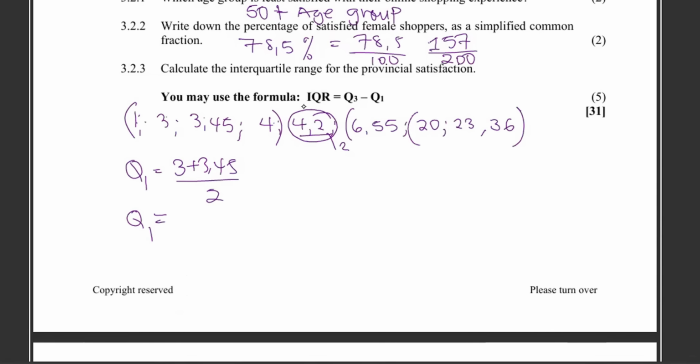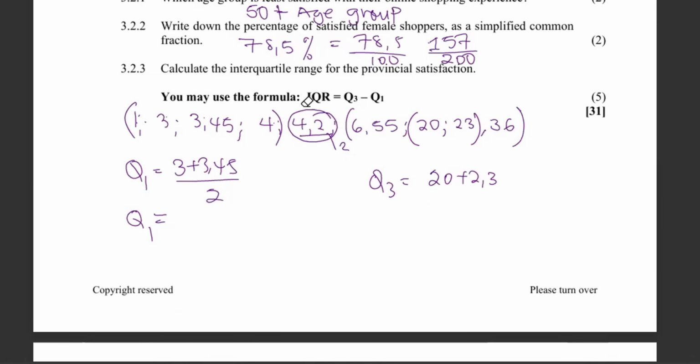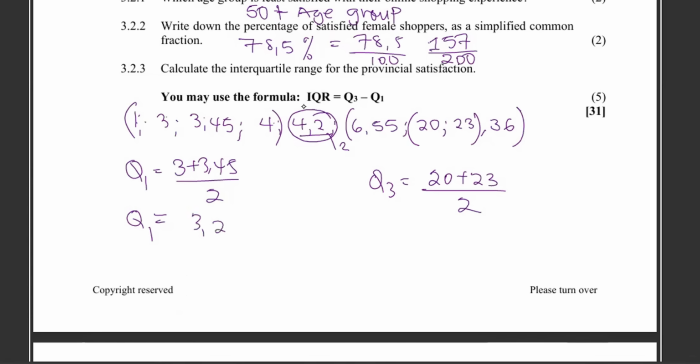Then also here we are remaining with these 2 numbers, giving us Q3, which becomes 20 plus 23, divided by 2. So here we have the answer as 3,25.